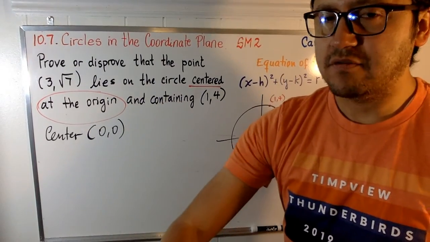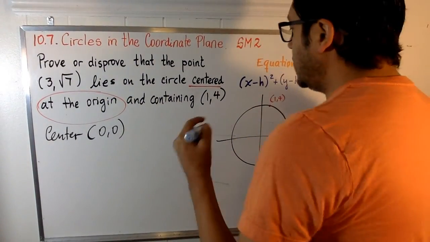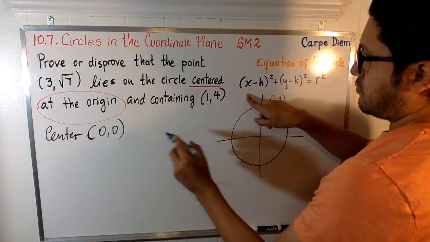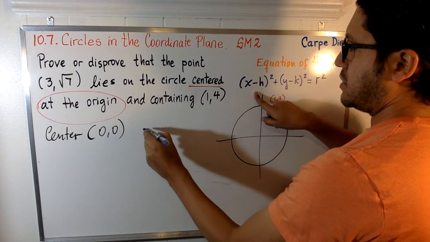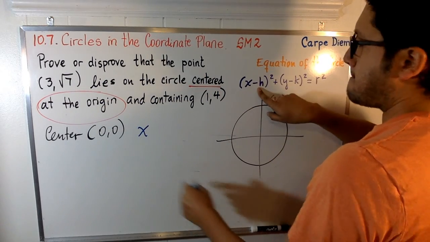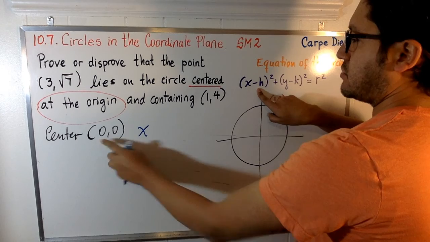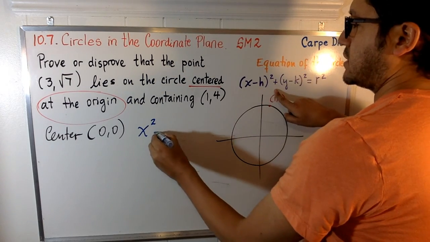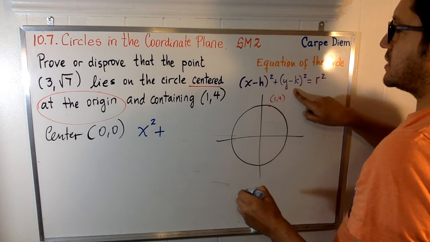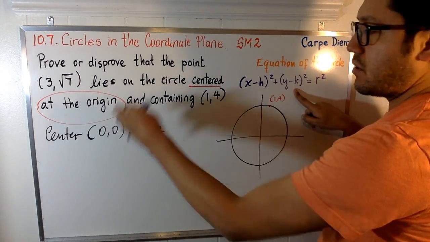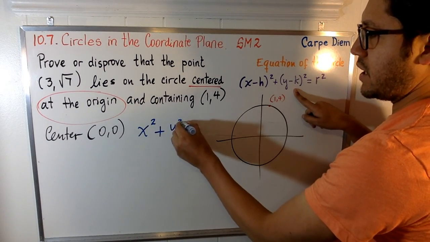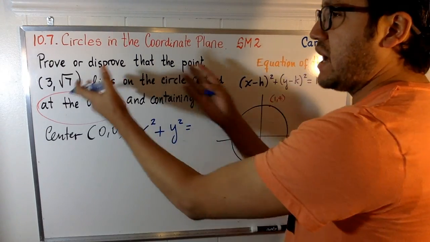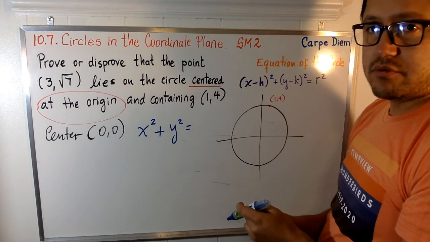So what do we have? Let's write the equation of this circle. It's (x minus h) squared, but h is 0, so I'm just going to keep it as x squared, plus (y minus k) squared, but k is also 0, so it's going to be y squared. Do we have information about the radius?